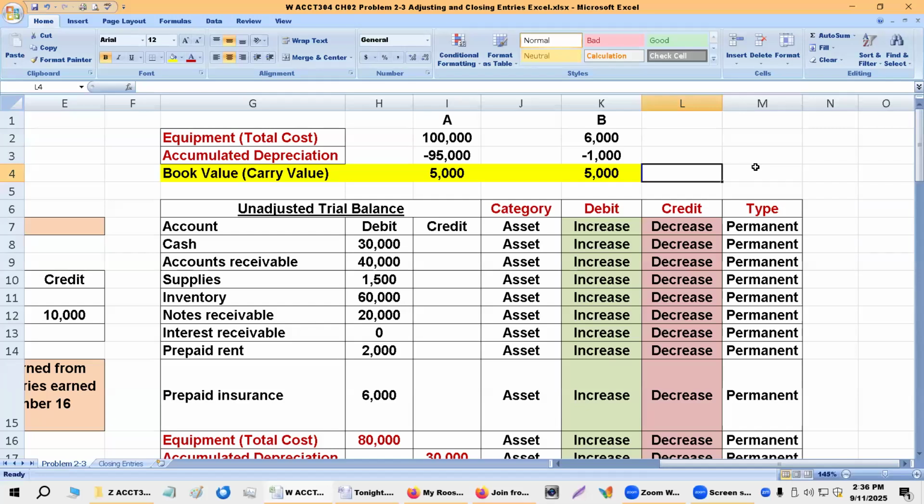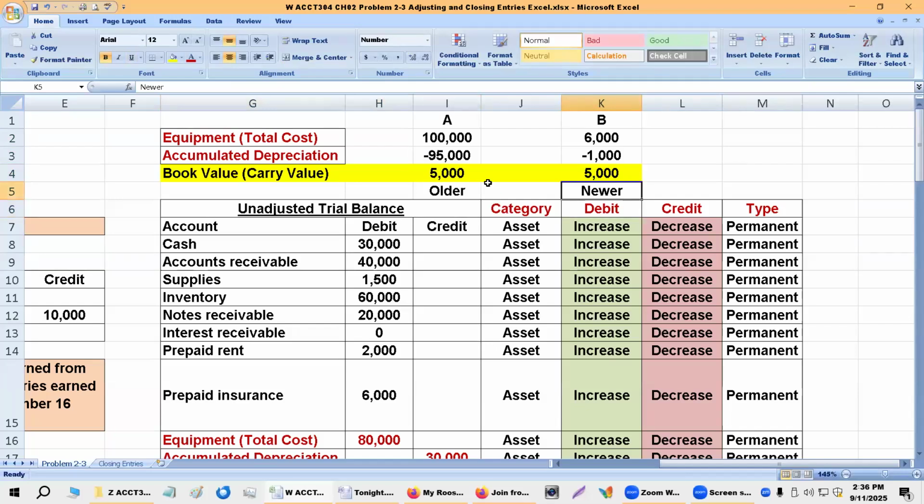Well, B is cheaper and replacement is less, but you'll notice that almost all of this 100,000 has been depreciated. So this one's probably older, but you do bring up a good point, and that is that this one is newer. It's cheaper and it's newer.